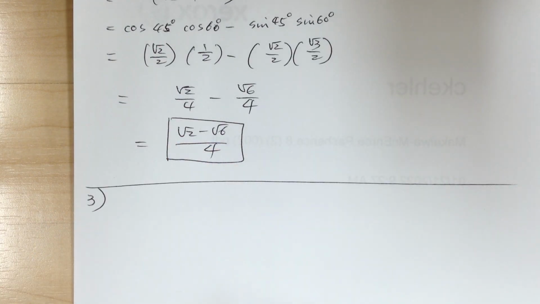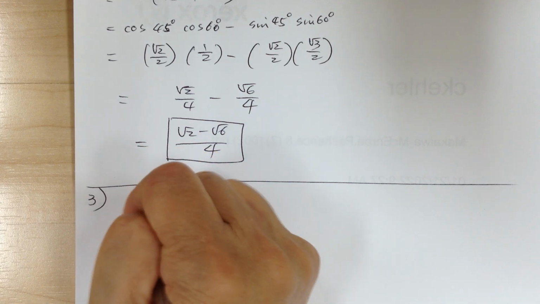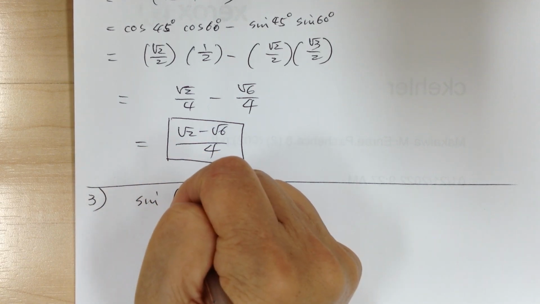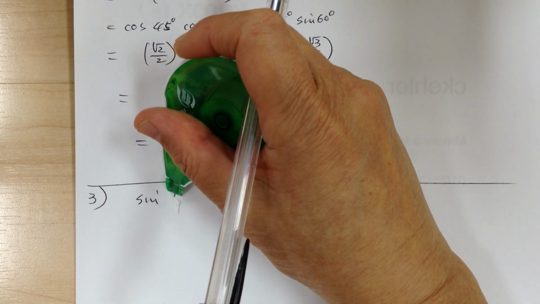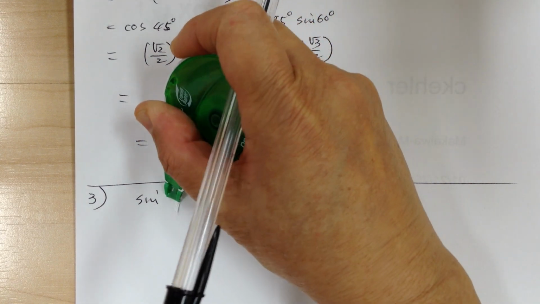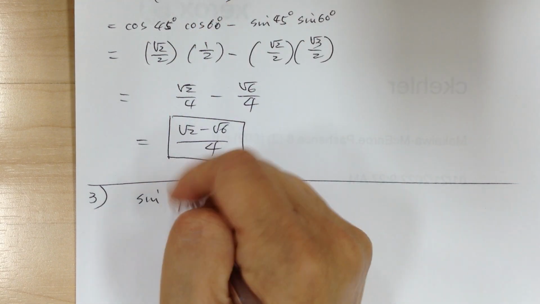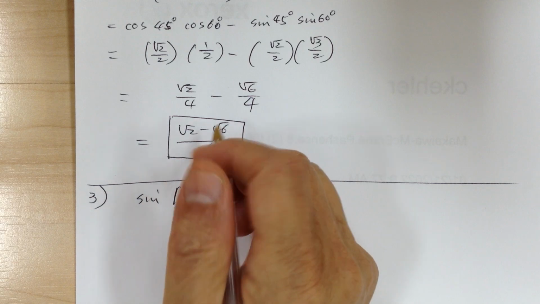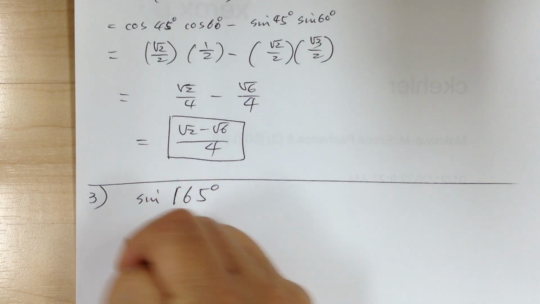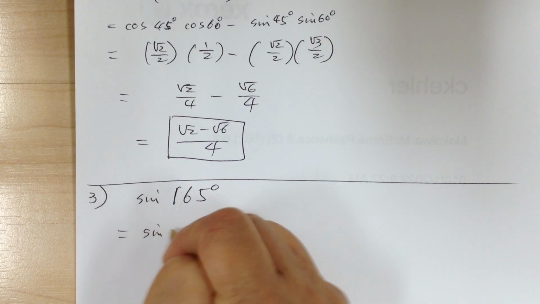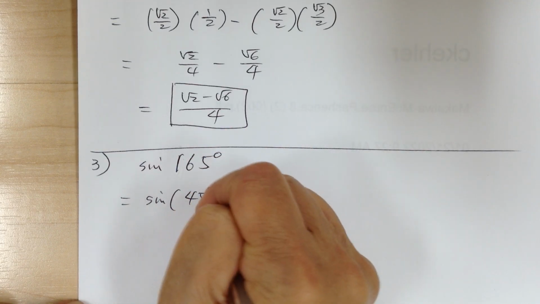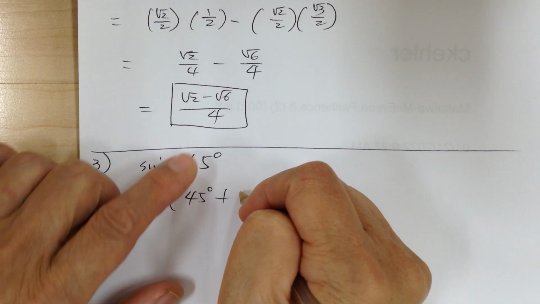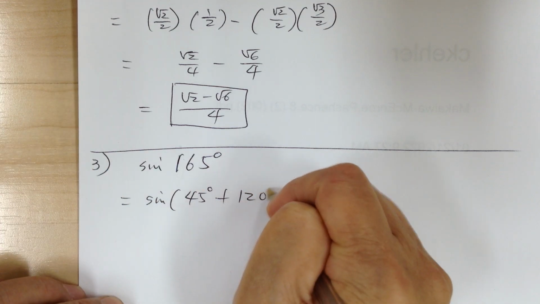Okay, let's go to number 3. Yeah, sine of 165 degrees. So you can break it into 2 angles. Again, whenever there's a 5, I like to use the 45, and the other one would be whatever is left over, which would be 120 degrees.